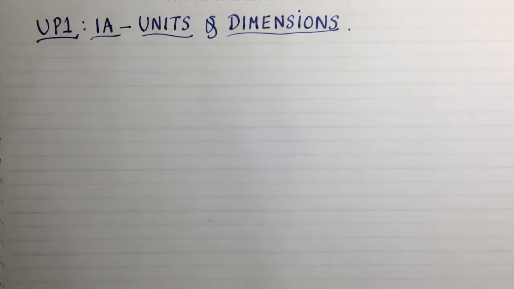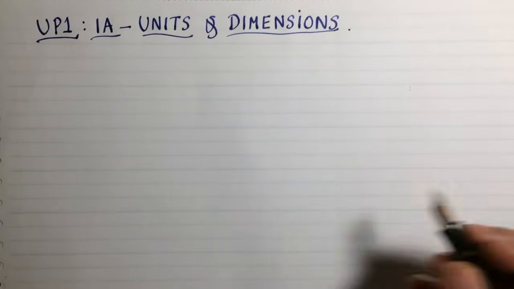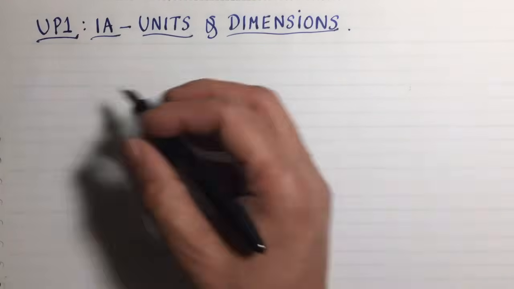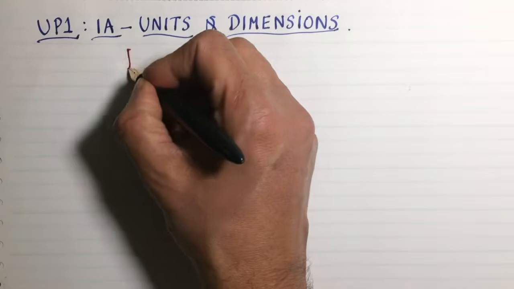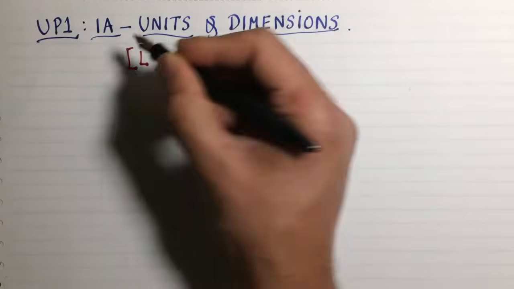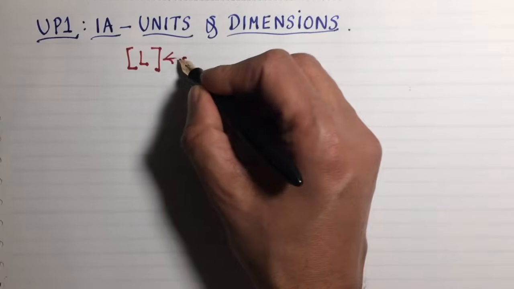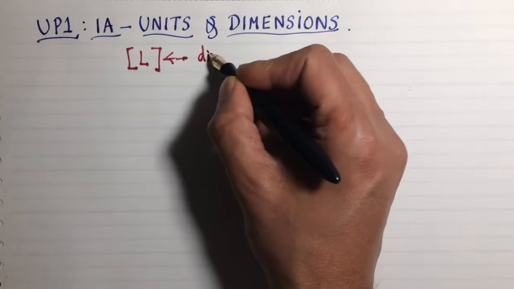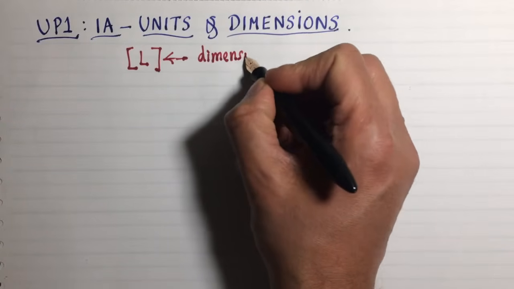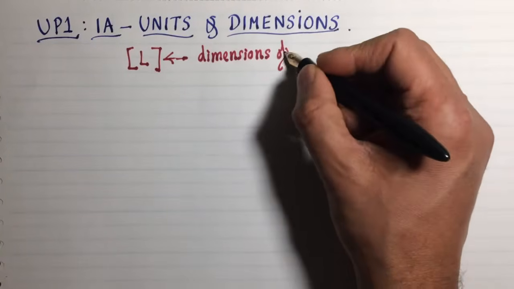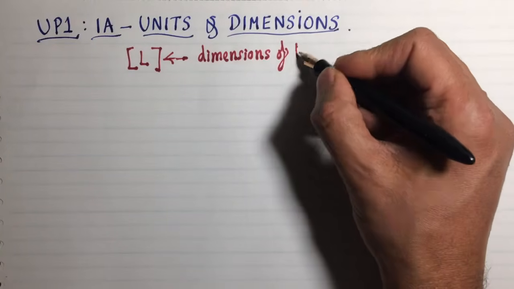All quantities are measured quantities in physics. In UP1, especially in UP1, there are three main quantities: the unit of length, which I indicate as that. Now that stands for the dimensions of length.